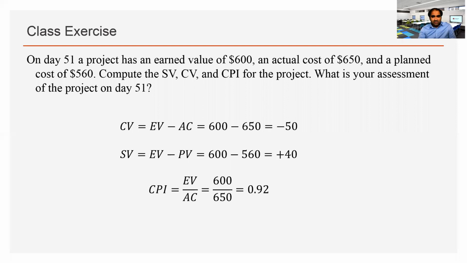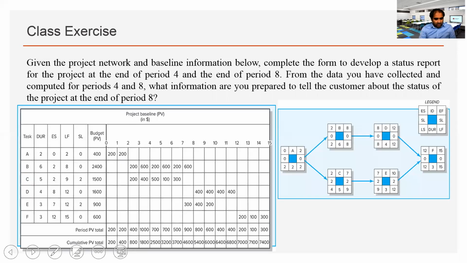Next is the next example. This is exactly similar to the one that I've discussed in the lecture slide that shows the task plan value, with the project baseline budget, total PV, cumulative numbers.